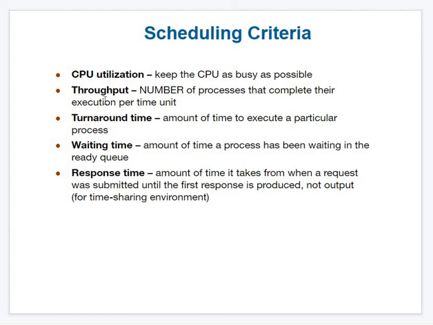Okay, so the first point, CPU utilization. It's the total time used by a process to finish its execution. Say for example, I have one program for C equal to A plus B, and it took 10 milliseconds for execution.